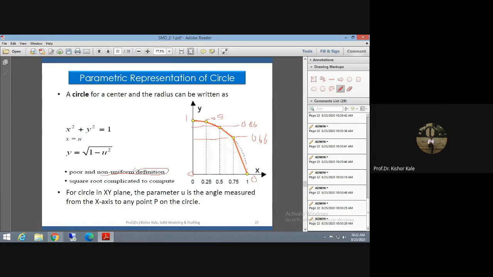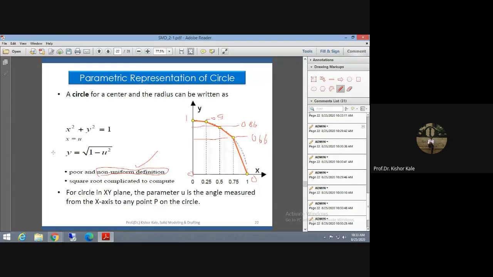It is not changing uniformly. It should fall like this, and then you will get a smooth curve. So this is not correct.